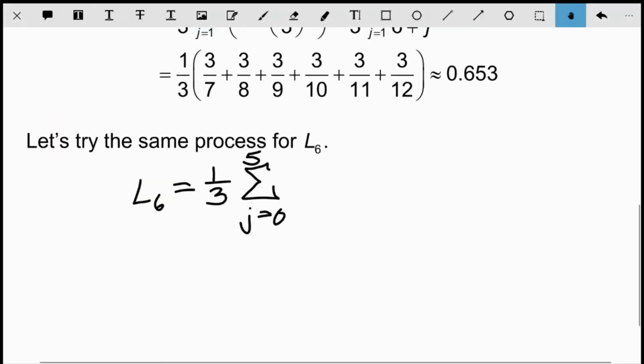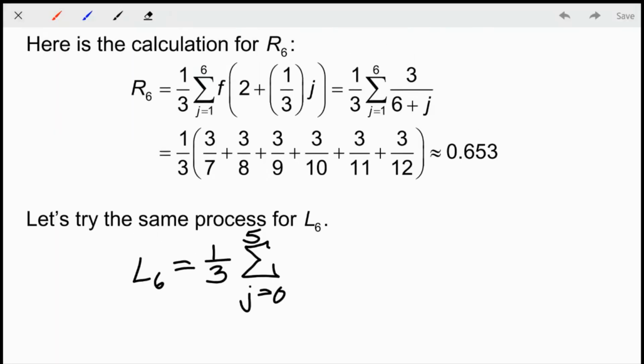So notice the difference here. When I was doing a right-hand approximation, I needed to add the first through the 6th delta x's, because at j is 1, that means I'm at the end of the first subinterval. This time at j is 0, that's the left side of the first subinterval. Everything else about this is the same, though.